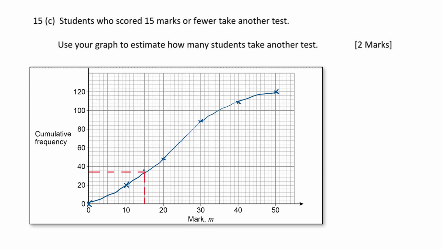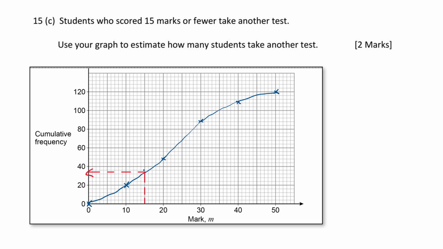What's that then? So that there then is the number of people who got 15 or fewer marks. Oops, come back. So we said each one of these little squares is worth 4. So I make that 20, 24, 28, 32. Halfway between 32 and 36.